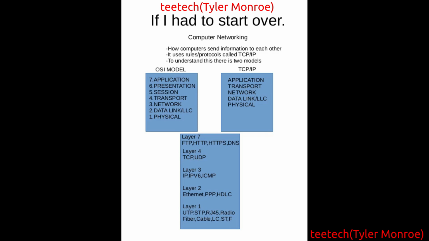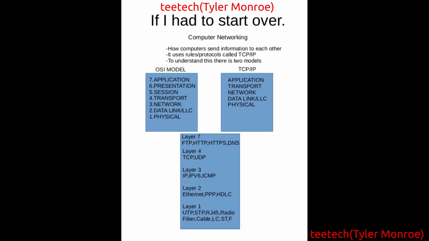Now, the TCP/IP model is newer than the OSI model, but the OSI model is the one we most commonly reference. There's 7 layers to the OSI model, and they're, as you see, application, presentation, session, transport, network, data link, and that also has a sublayer in there called LLC, or Logical Link Control. And the last layer is physical. You can memorize them from the bottom or the top, but the main important thing is that you memorize them.